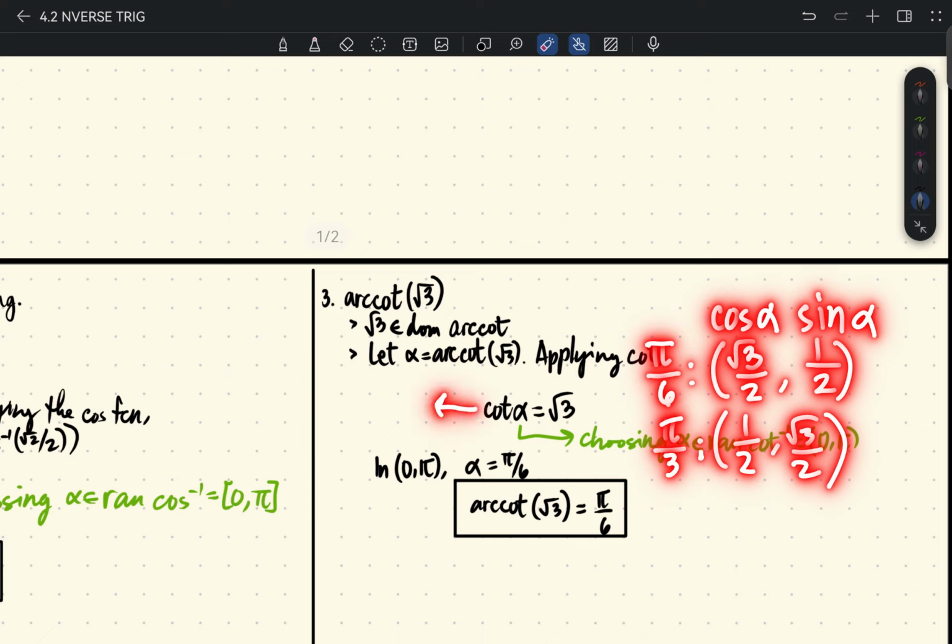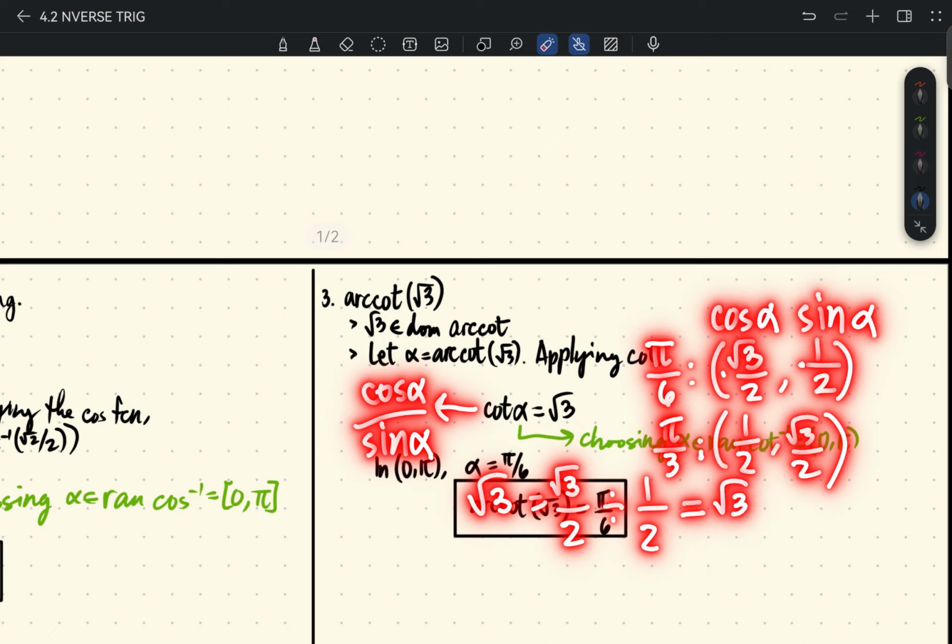So take note, cotangent alpha is cosine alpha over sine alpha. So what you just do is test these values right here, and you will see that square root of 3 is just the same as square root of 3 over 2 divided by 1 over 2. So that's your square root of 3 over 2 times 2 over 1.